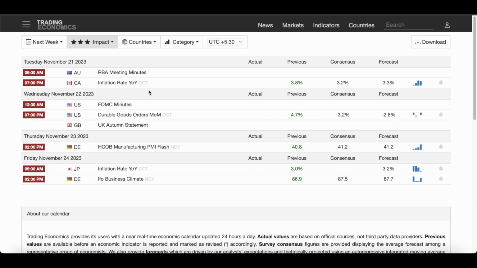So these are data points we need to keep calculating. It is a good idea to watch the durable goods data, because 4.7 is the previous and the forecast is minus 2.8. Let's see how it comes, and we will discuss in detail on that particular day.